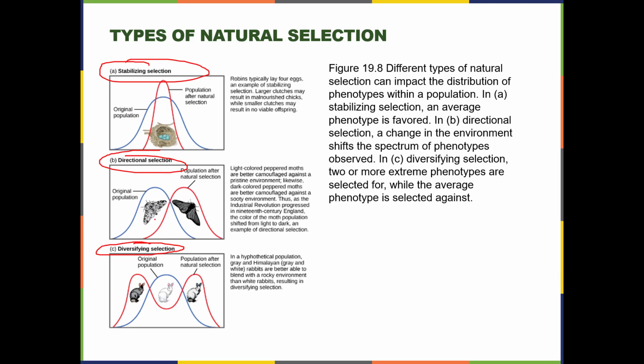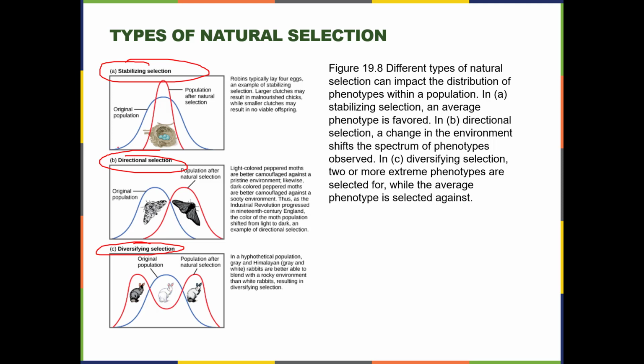So you can see what the general pattern is. In stabilizing selection, after selection, the population has a much more narrow range of phenotypes. It tightens up along a median number.